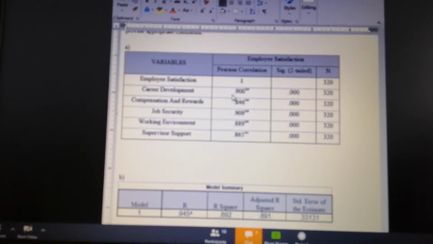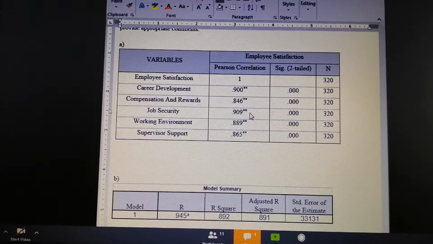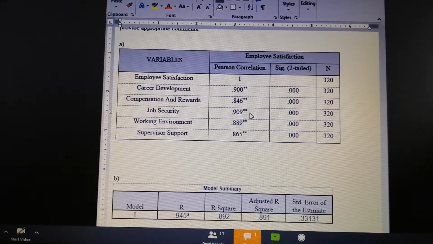Okay, so from the table, you can give the information that, based on the career developments and job security, because this is the highest value, you can say this is the greatest influence, or a strong influence. It indicates that the respondents are generally looking for long-term stability.